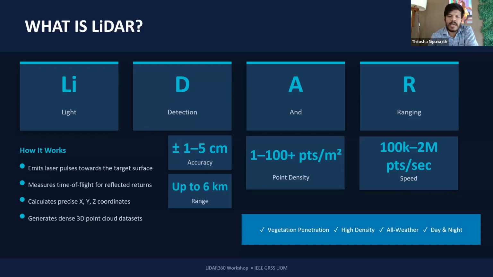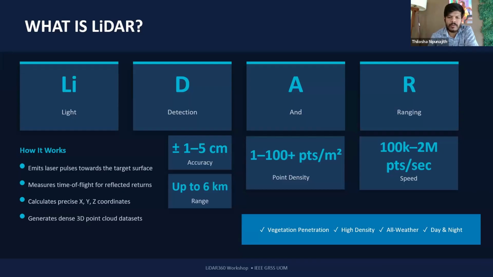But when it comes to doing this classification using 3D data, just by deriving the CHM, the canopy height model, you might understand this more easily once we start the practical session. We can do it really accurately.